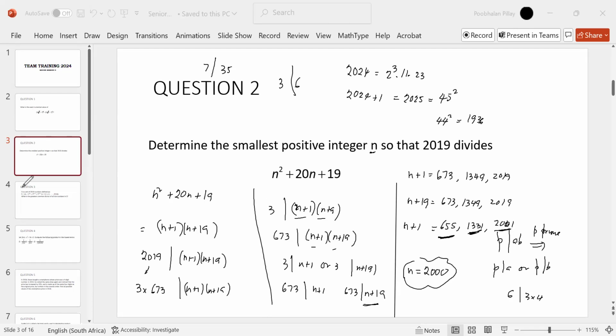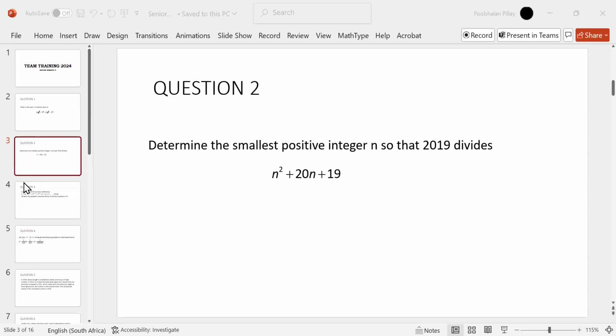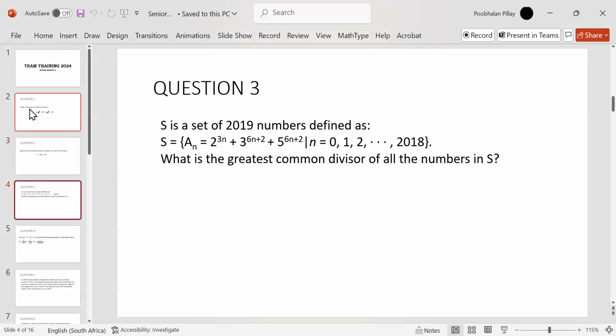Now let's just get on to the next one. So the next problem is, oh, this looks frightening. All right, so let me read this thing. S is a set. So these questions evidently occurred in 2019. So if you go and look at the 2019 team paper, you'll probably find these questions.